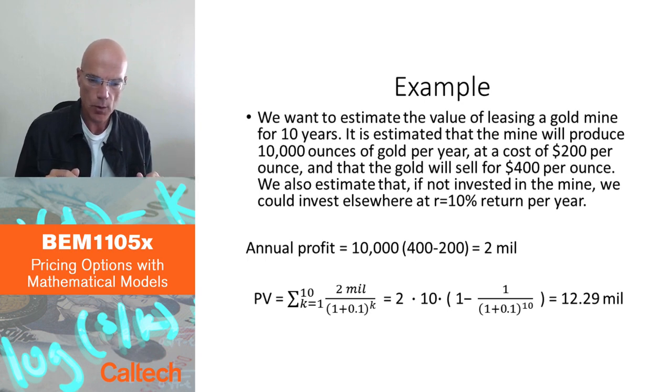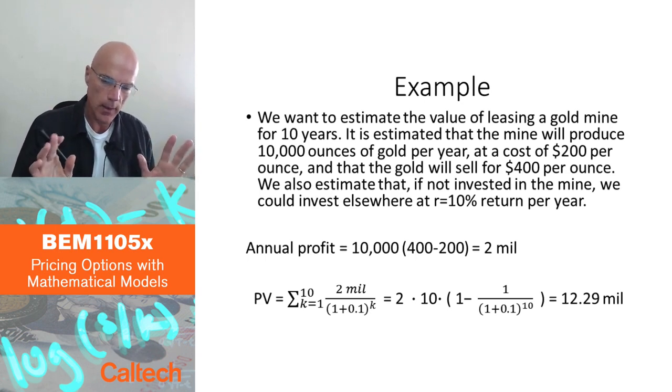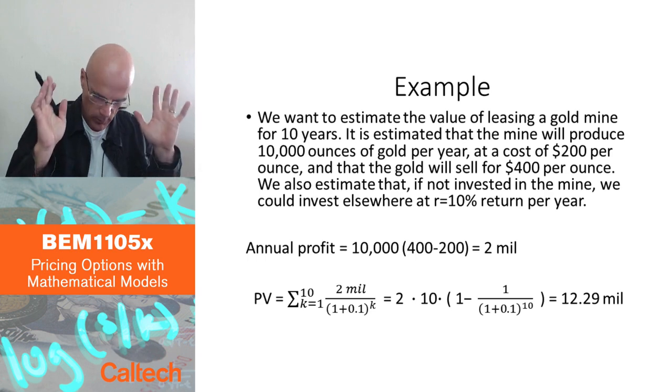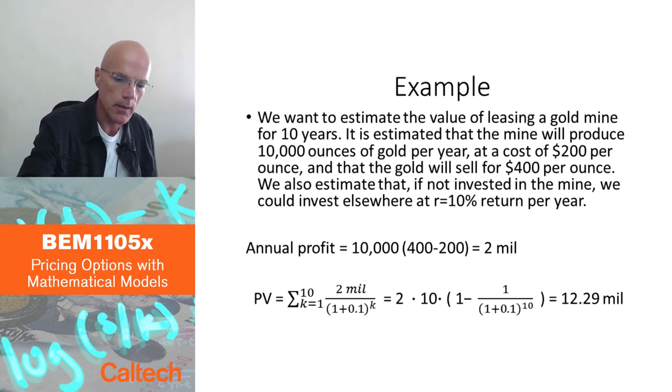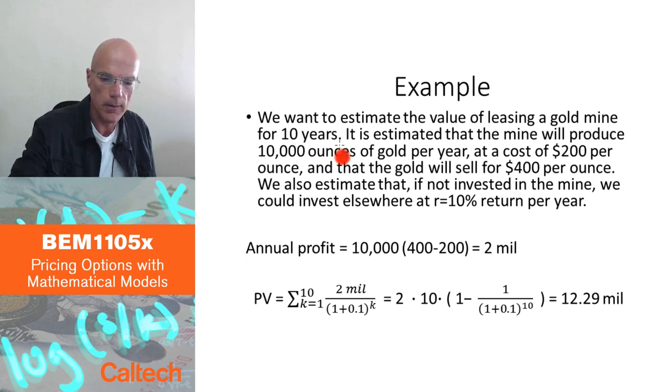So we assume that we know the exact amount that the mine will produce, let's say 10,000 ounces of gold per year, that the cost will be $200 per ounce, and that 1 ounce will sell for $400 for all 10 years in the future.